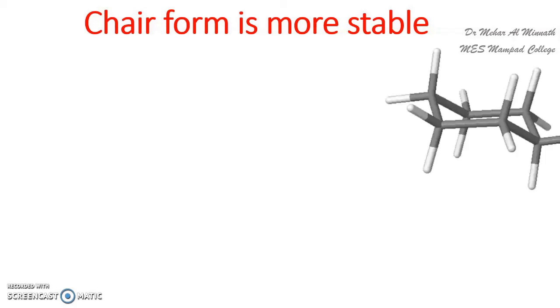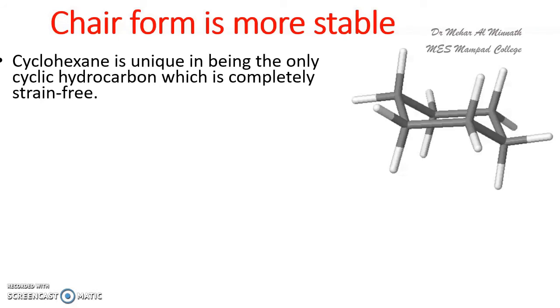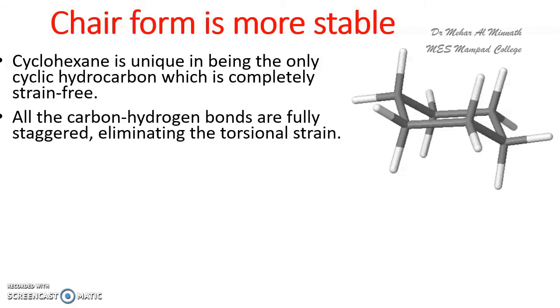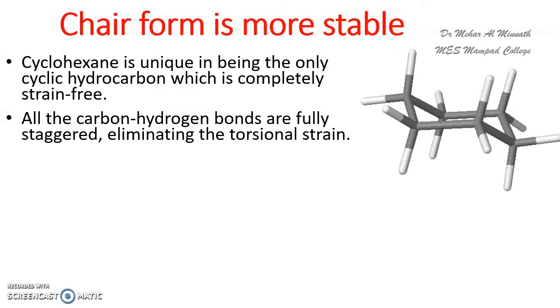Now, a few more reasons which we can just list down, the stabilizing factors of chair conformation. It is considered to be the strain-free conformation. Cyclohexane, in fact, is considered to be the strain-free cyclic alkane, and the reason is this chair conformation.